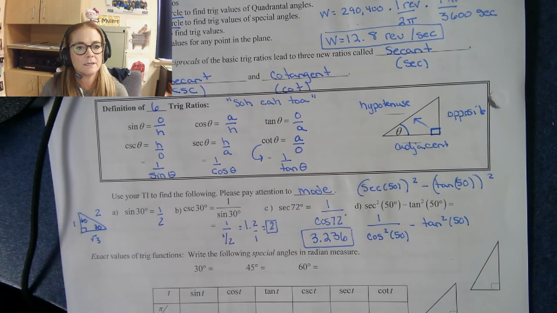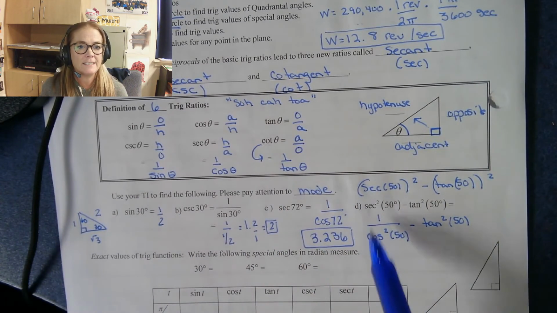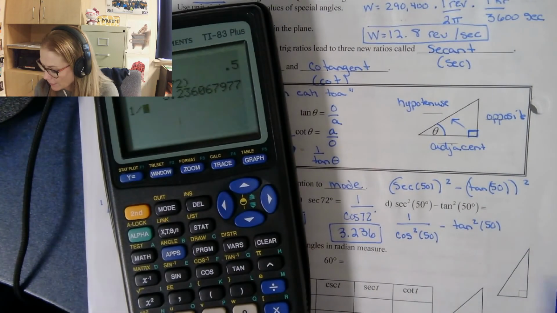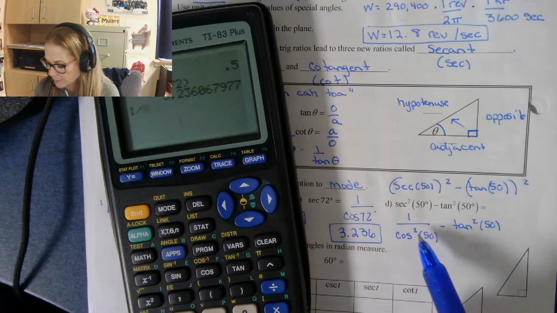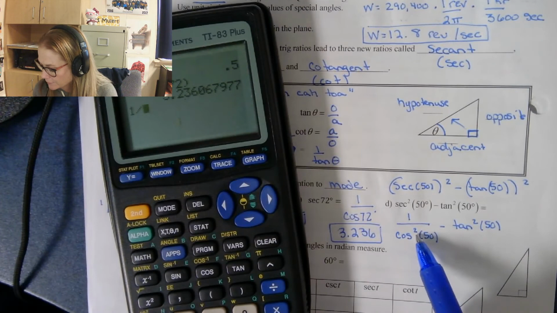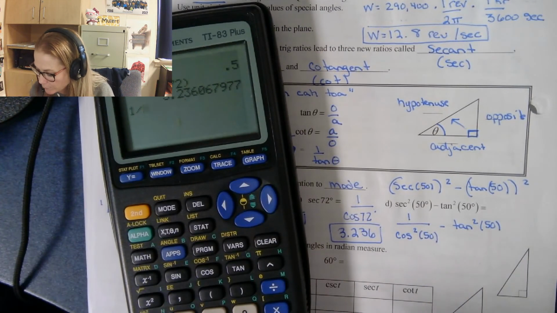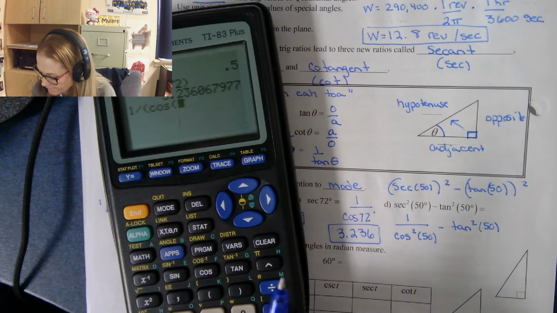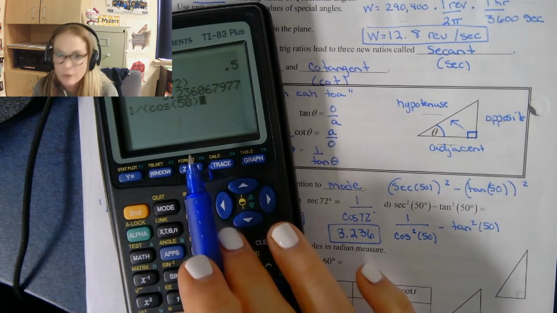And so we're just going to reciprocate secant and move forward. Okay, so this is 1 divided by, now your calculator doesn't have this notation. So that's important to note. Your calculator can't put that there. So you are going to be really careful here. You want to do the quantity square. So cosine of 50, close that parenthesis.